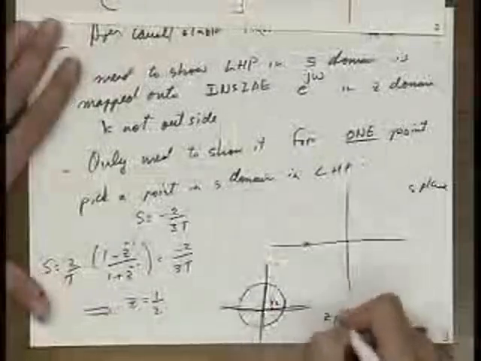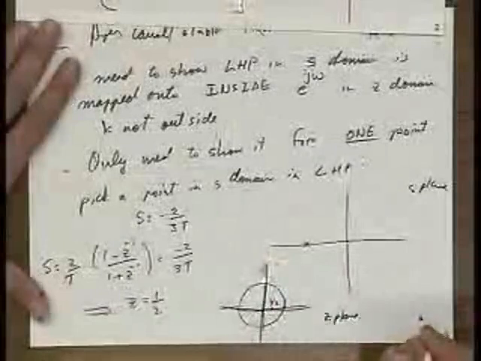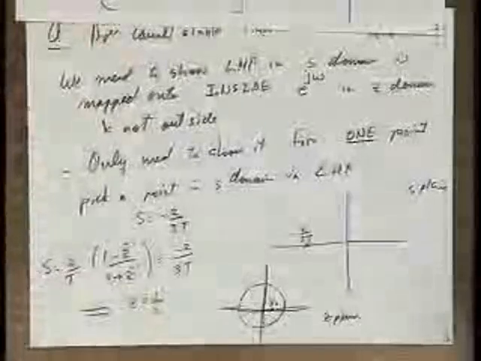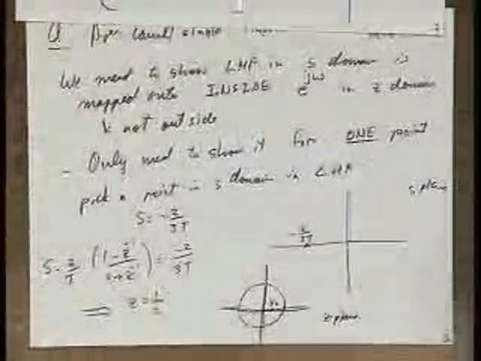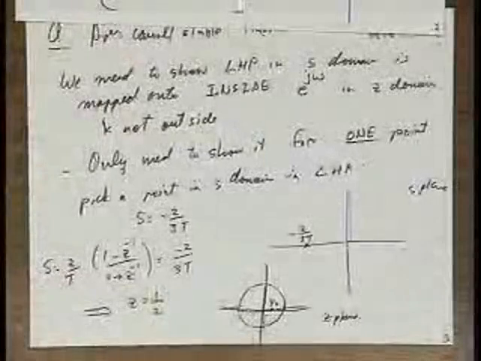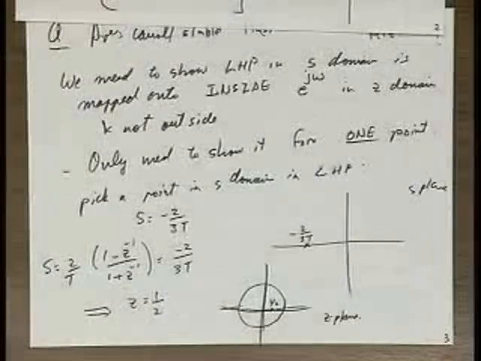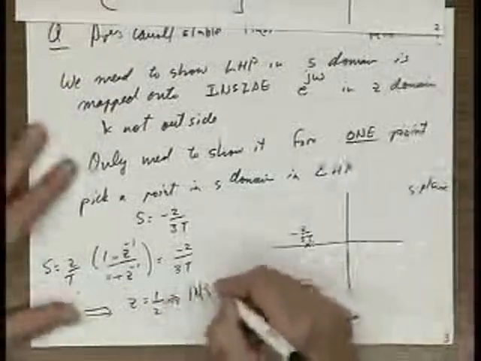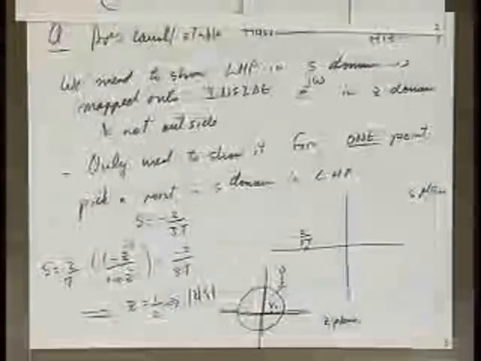This is the z plane. Which means that magnitude of z is indeed smaller than 1, and you got it inside the unit circle.